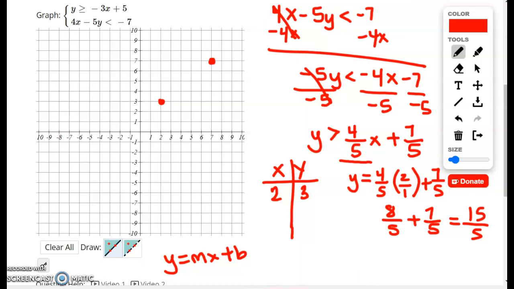It's going to be a dotted line through there, and then we need to do the shading. So I'll test the point 0, 0. We plug that in. We end up with 0 minus 0, or basically just 0 is less than -7. Well, is 0 less than -7? No, it's not. And so we would shade up here.